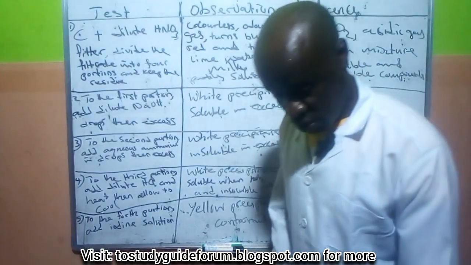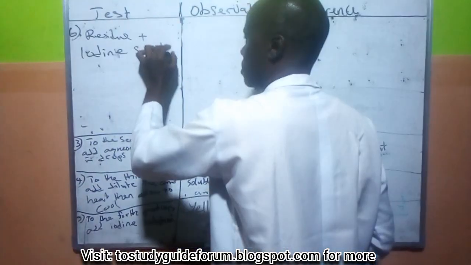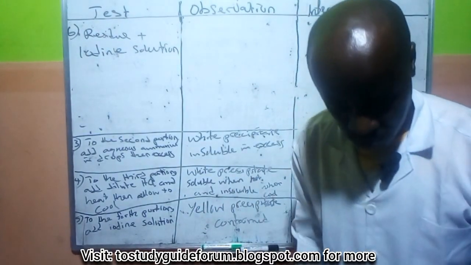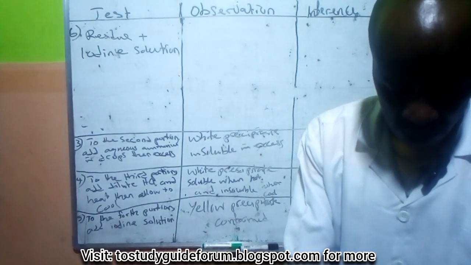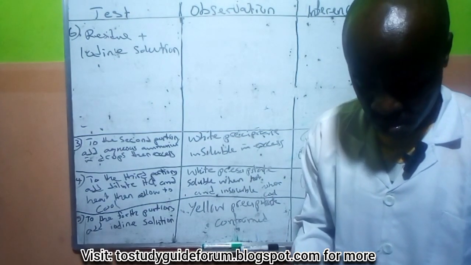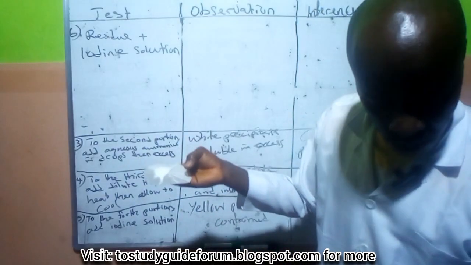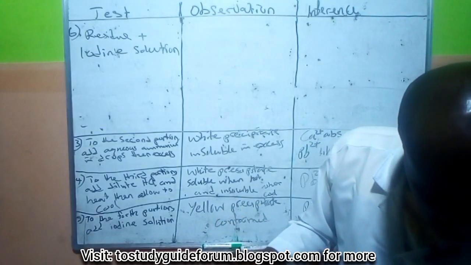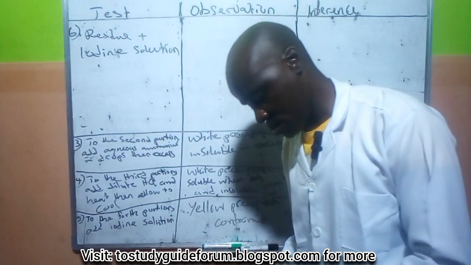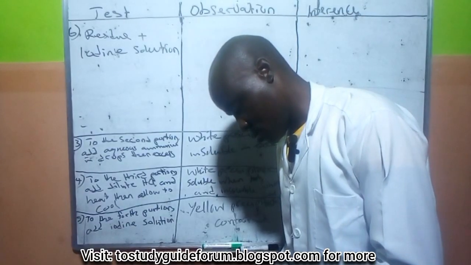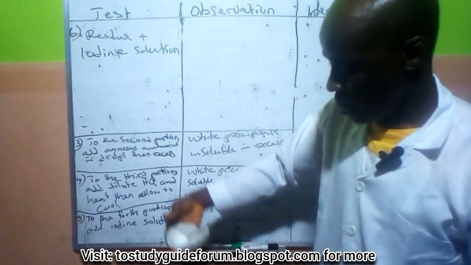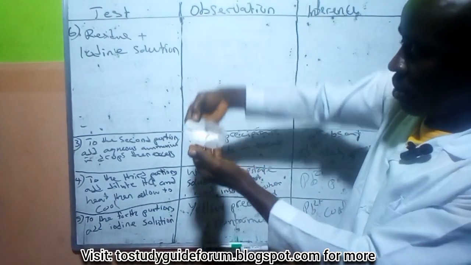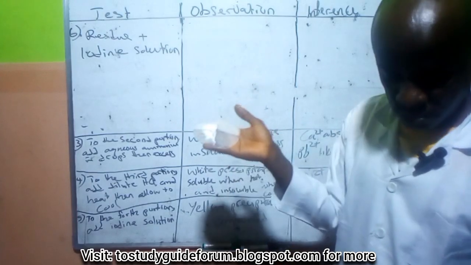Alright, let's continue with the last ones, the other ones we have here. So let's see what we have in the iodine solution. Our residue is this. This is the residue that we have. We'll add iodine solution to it. You can see we have a blue-black color coming on there, as you can see.